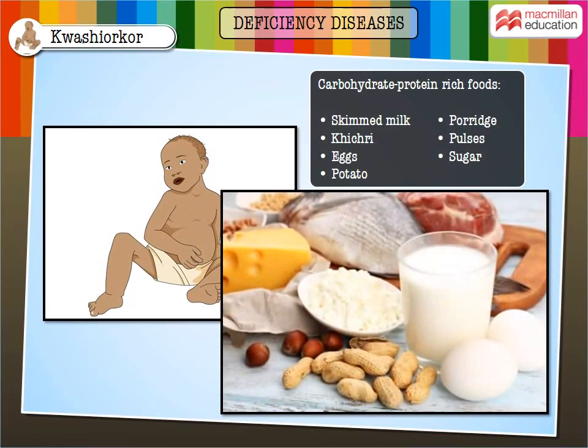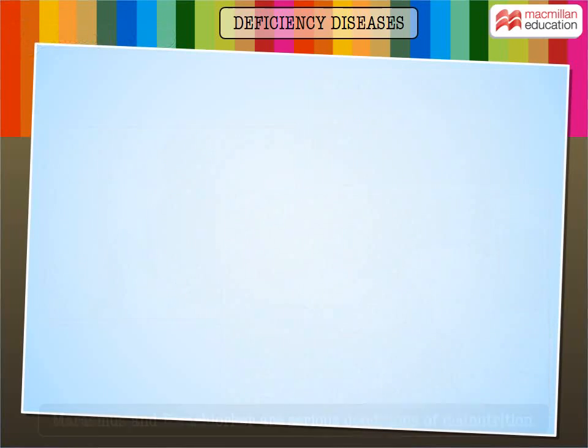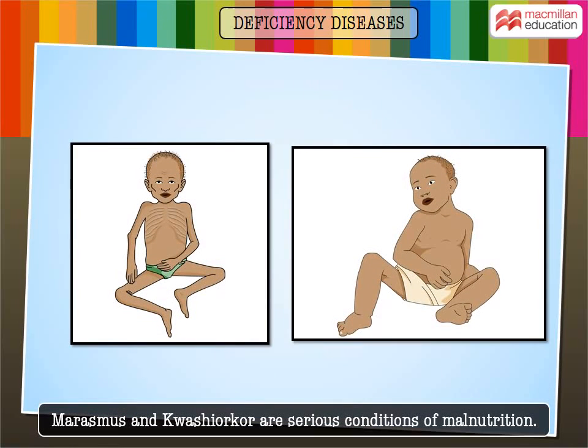Children suffering from kwashiorkor should be given skimmed milk, porridge, that is dalia, khichdi, pulses, eggs, sugar, and potato, which are excellent sources of carbohydrates and proteins. Both marasmus and kwashiorkor are serious conditions of malnutrition.